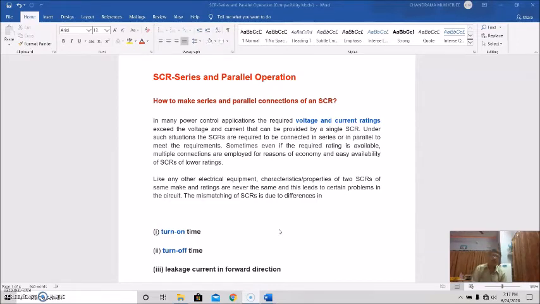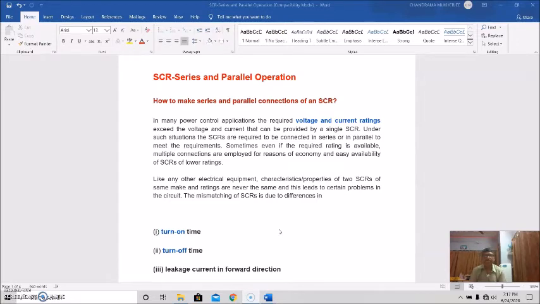So that's a very important question: where we use this SCR, particularly for what purpose, and whether the available SCR meets the requirement of the correct voltage and current of the application area.